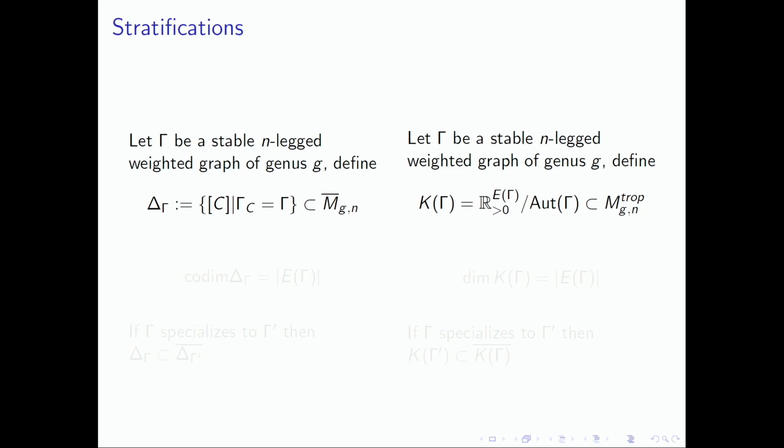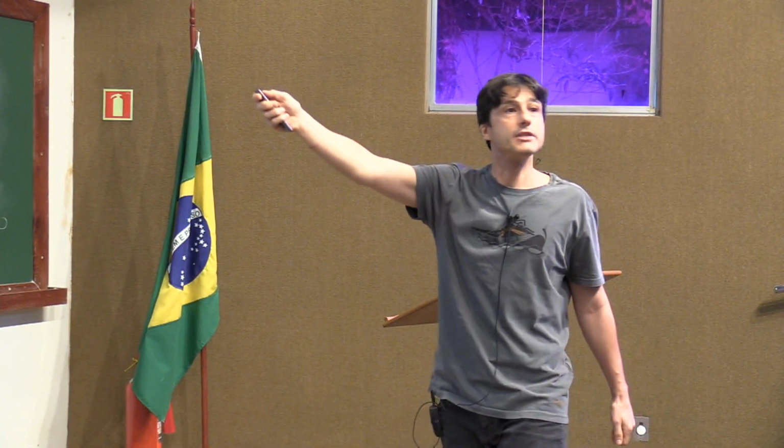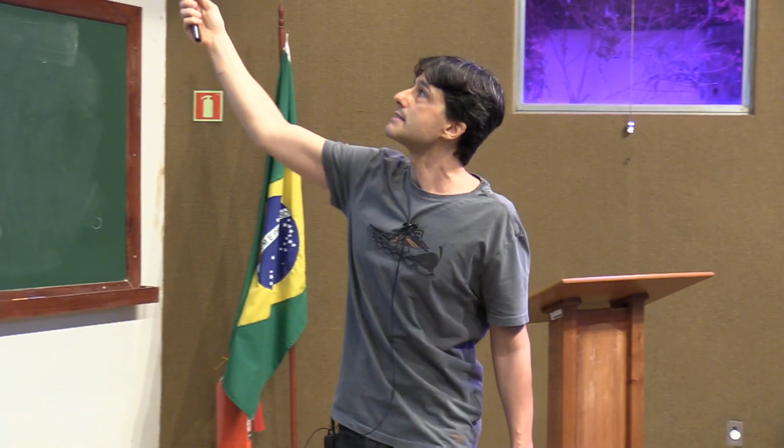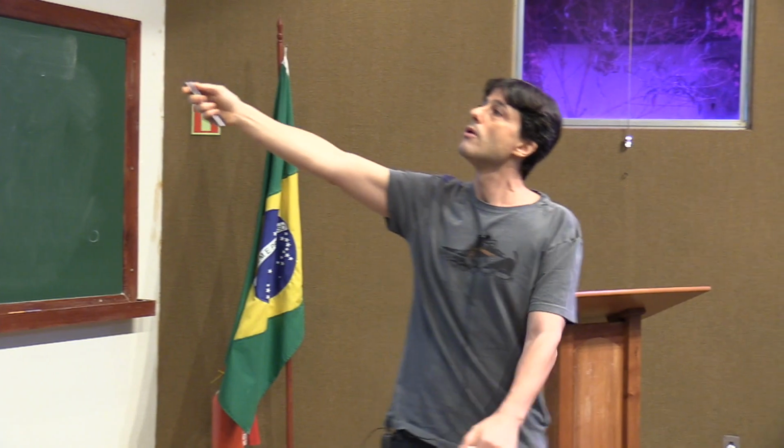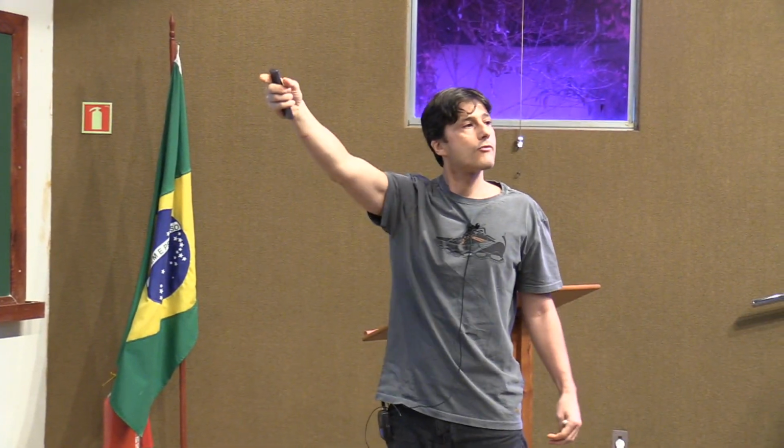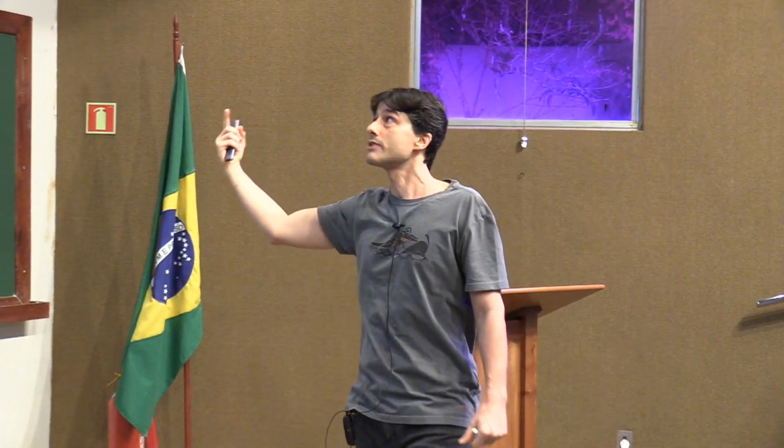And on the tropical side, we can do the same: consider all the tropical curves having a fixed graph as the underlying graph. And these are the cells I already mentioned before. These are the blocks to construct M_g,n tropical. So there are some naive similarities between these two stratifications. In a sense, they are dual. So the codimension of one stratum is equal to the dimension of the other stratum.